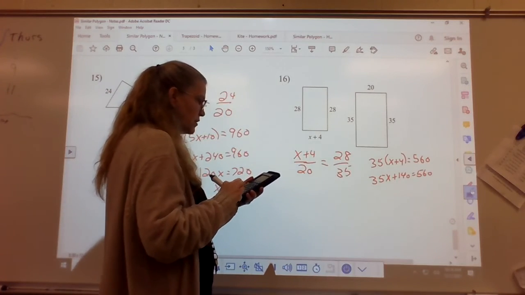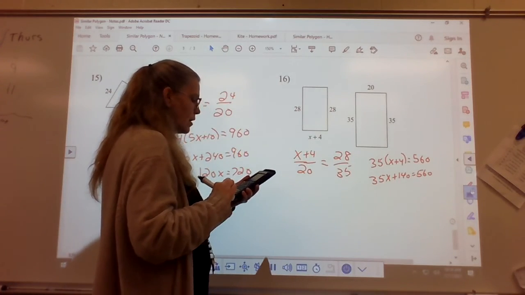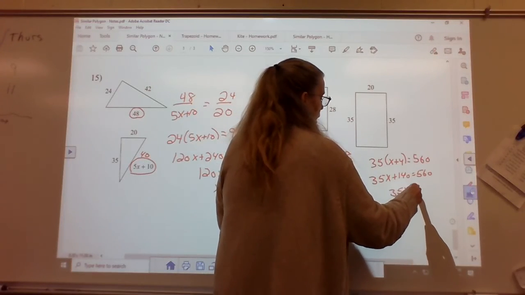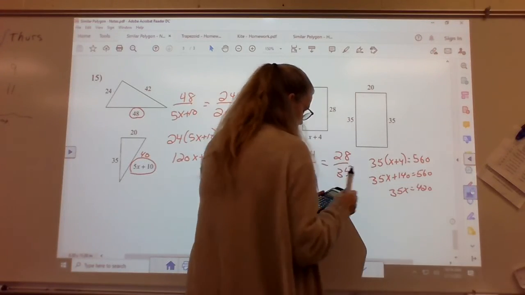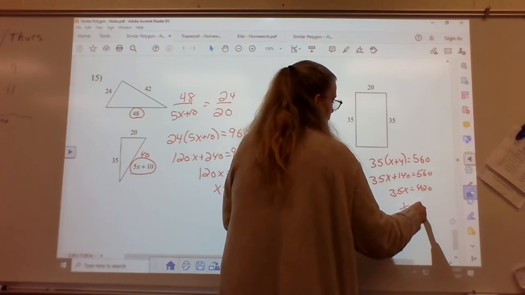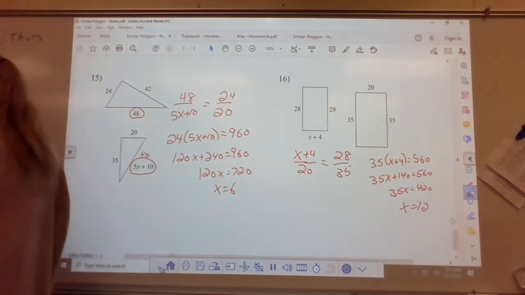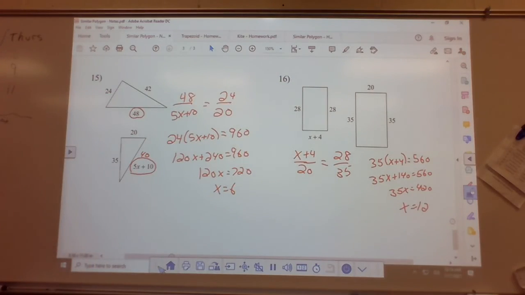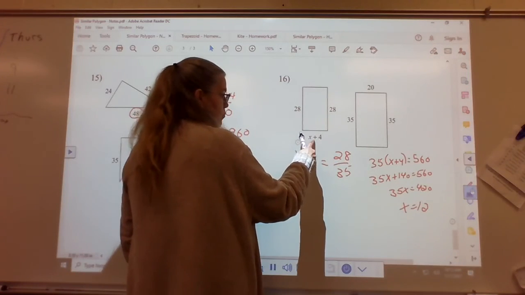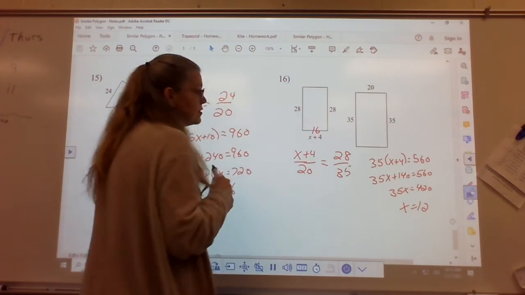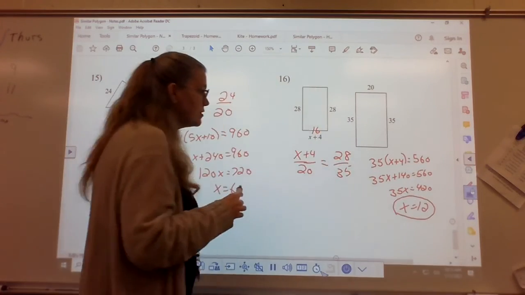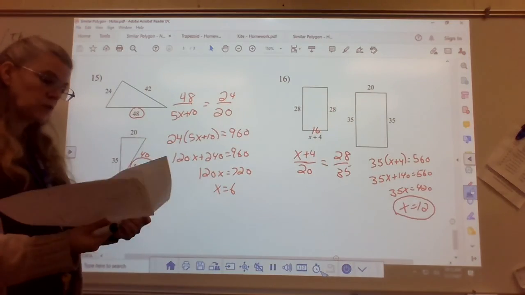Subtract, so 560 subtract 140, I get 420. Divide by 35, I get 12. And again, I'm not saying that the side is 12. I'm saying that if I plug 12 back in here, 12 plus 4 is 16. The side is 16, x is 12. And x is what I'm looking for there.